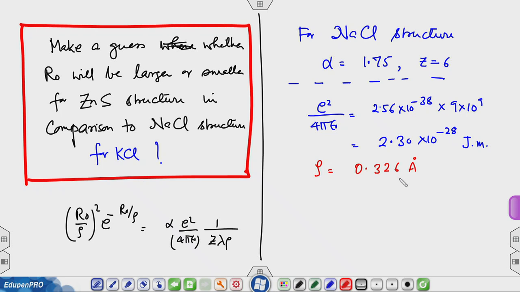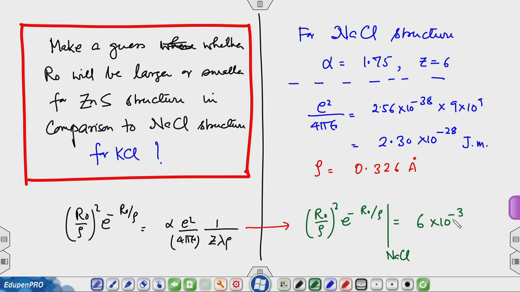So, if you plug in these numbers into this equation, you get R naught over rho square e raised to minus R naught over rho equal to, for the NaCl structure, 6 times 10 raised to minus 3. Keep in mind that the left hand side is dimensionless, so the right hand side is also dimensionless.